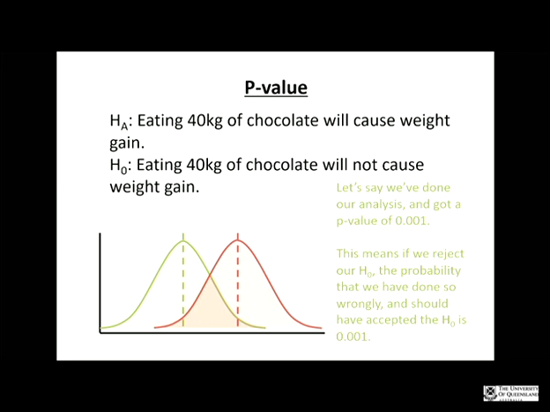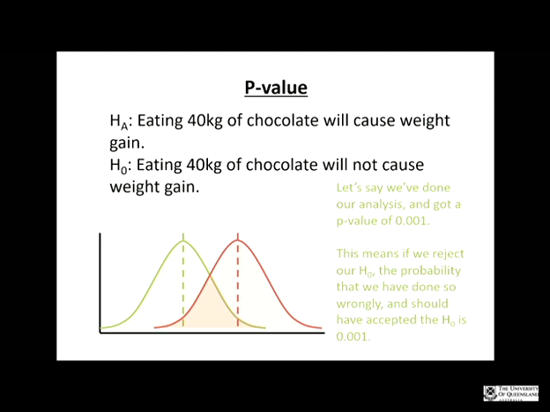So just say we do our analysis and we get a p-value of 0.001. Okay? So that is going to mean if we have a 0.05 confidence interval, that we're going to reject our null hypothesis, okay? Even if we have a 1% confidence interval.